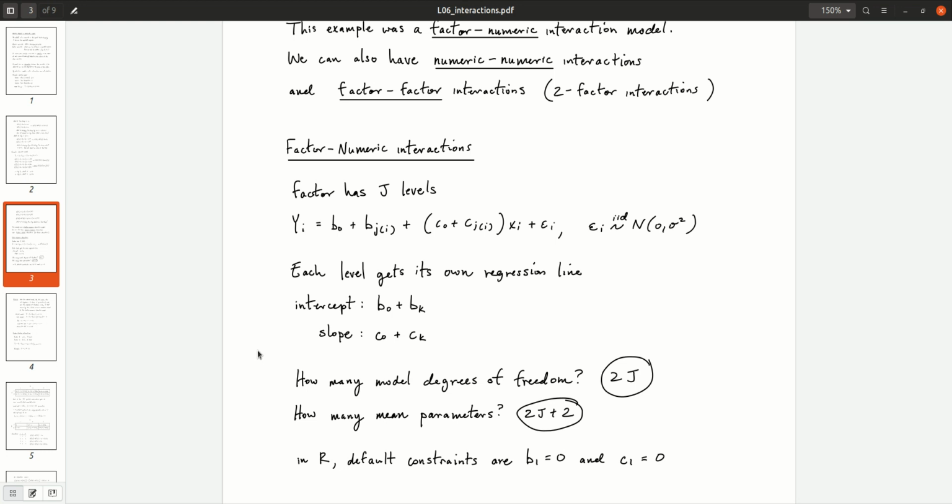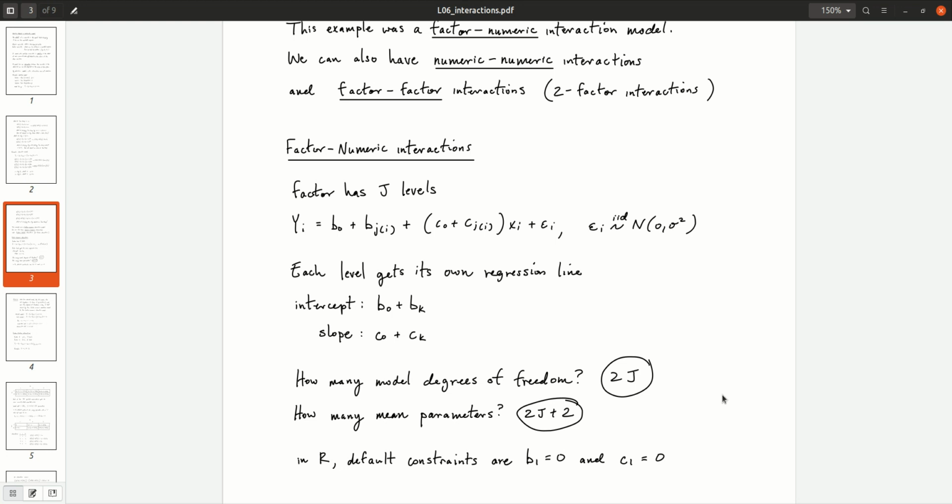Now, if we just count up the parameters, there's going to be 2 times J plus 2. So there's B1 up to BJ, so that's J of them. There's C1 up to CJ, that's another J, so that's 2J, plus C0 plus B0. So there are 2J plus 2 parameters, and therefore when we form the design matrix, it's not going to be full rank, and we're going to have to do something about that to fit the model.